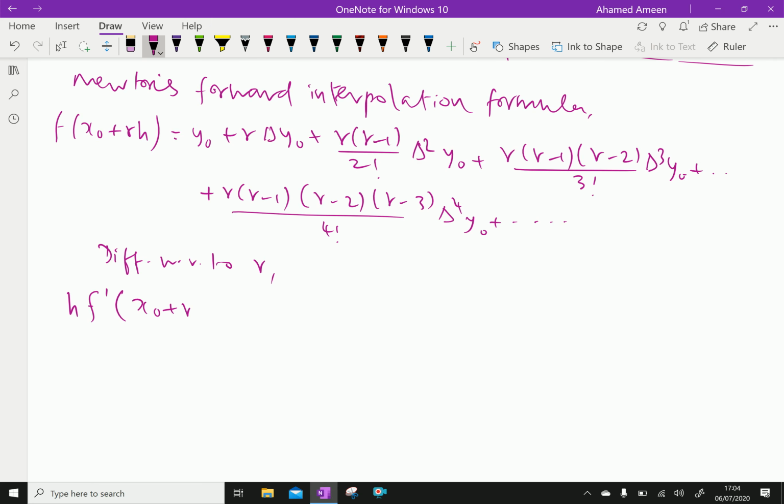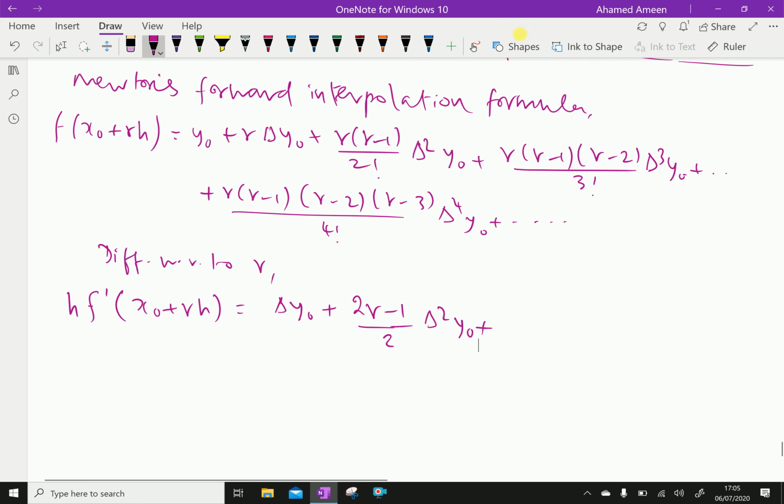That equals delta y0, because y0 will become 0, then r delta y0 becomes delta y0, plus r into r minus 1, which is r squared minus r, by 2 factorial, which gives 2r minus 1, because the differentiation of r squared is 2r and of r is 1, by 2 factorial is 2, delta square y0.